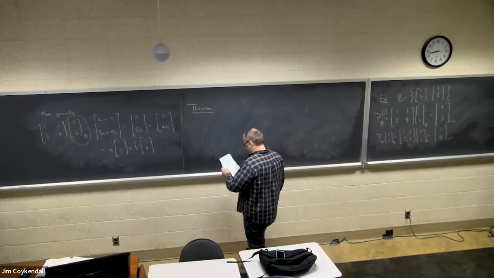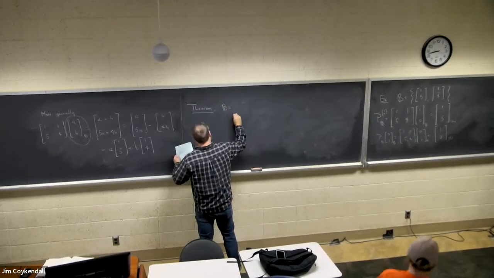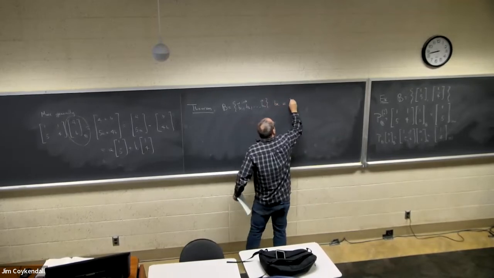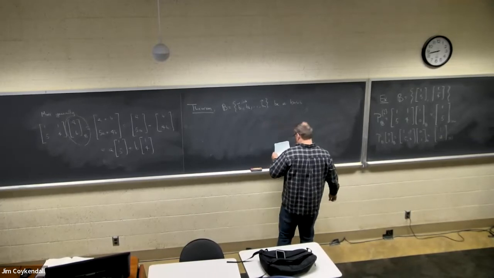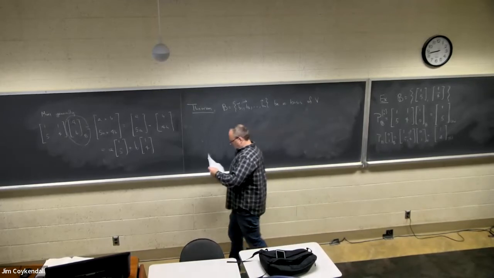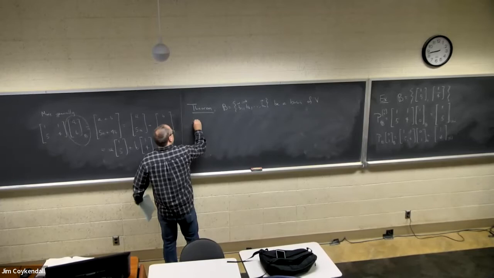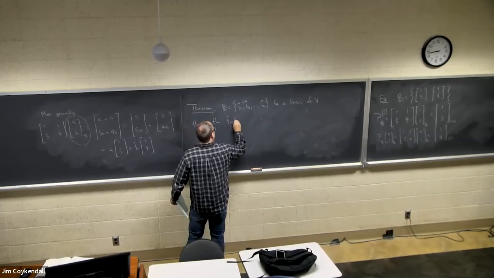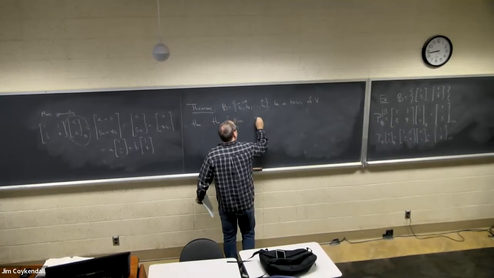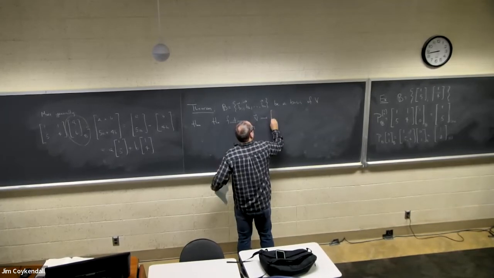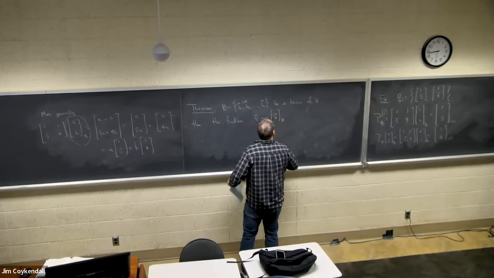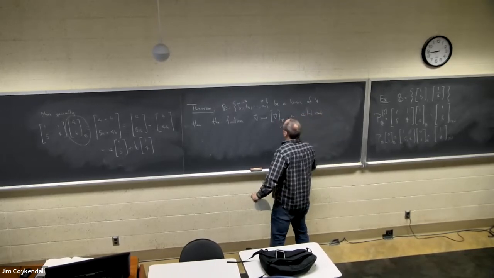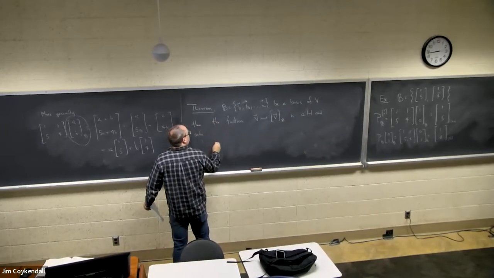Let B be a basis, B1 through Bn. Then the function that takes v to its coordinates relative to B is a 1-to-1 onto linear transformation.